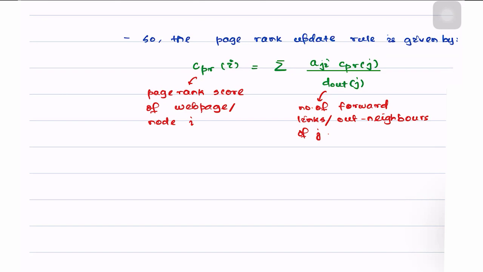But there are certain issues that we face when we use this version. What are those issues? Again, let's go back to our previous example.